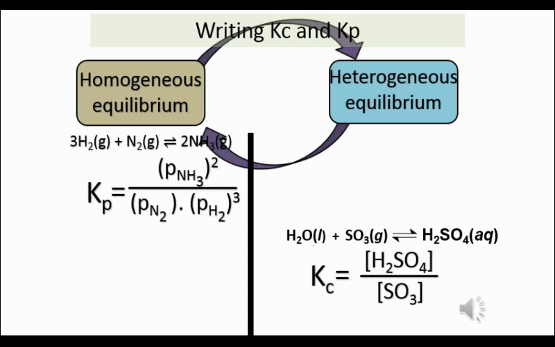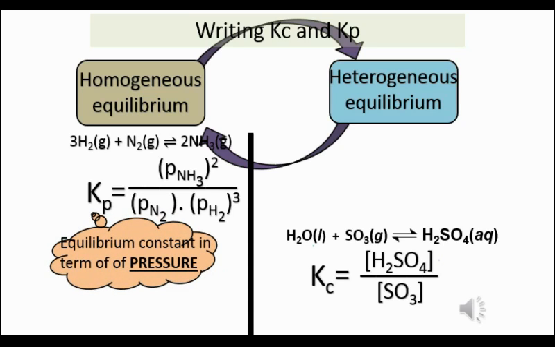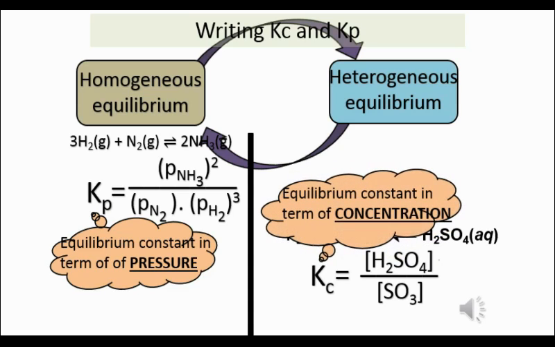Please note that I don't include the concentration of water, as water has a constant density, so it will not be involved in the calculation of Kc. So this is how you write down the equilibrium constant in the form of concentration: the concentration of sulfuric acid divided by the concentration of sulfur trioxide.